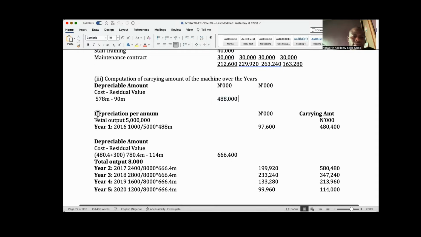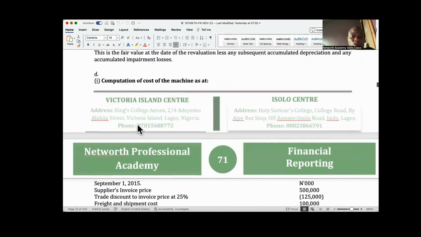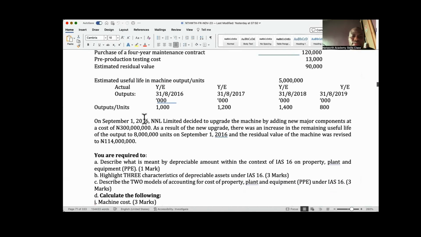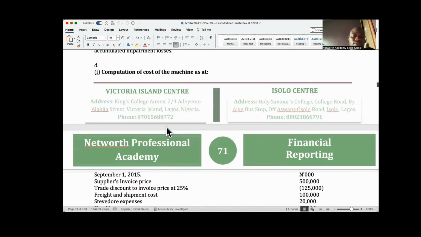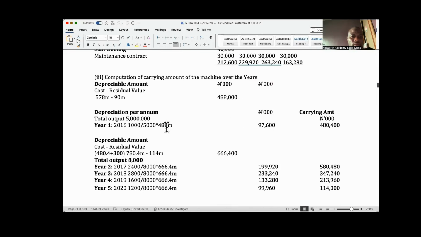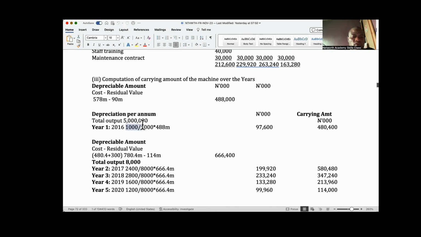So in year one, since useful life was given in terms of units, our depreciation is the unit in year one, 1,000, over total units, which is 5,000. Where did I get this 1,000? They gave us an equation now. 1,000, the output in year one. So I just did 1 over 5,000 multiplied by the depreciable amount.